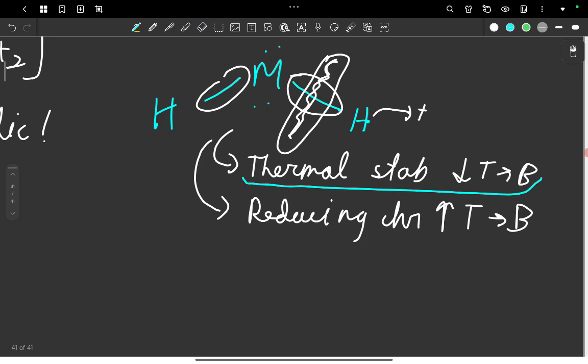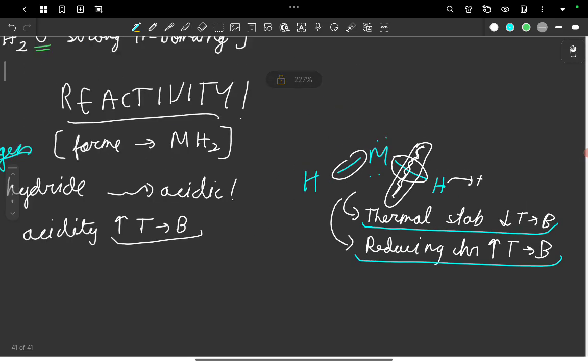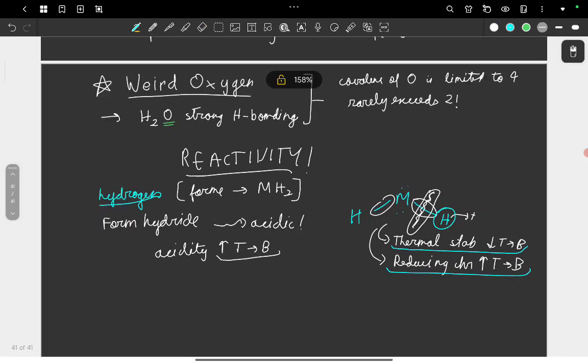The thermal stability is decreasing top to bottom. So if something is not stable, it will try to change its state. So it tries to change its state by acting as a reducer. So if it reduces using its hydrogens, it is going to be a better reducing agent.